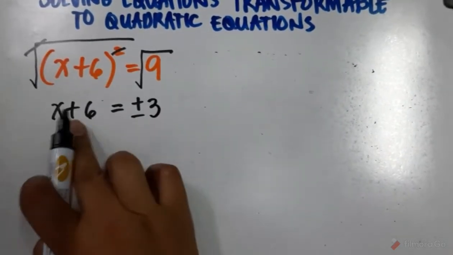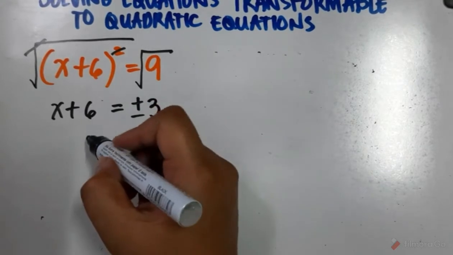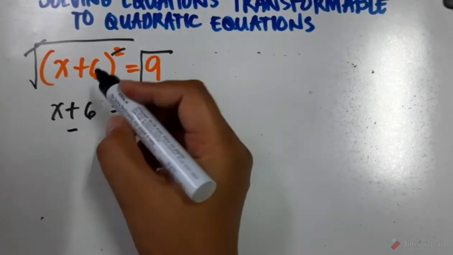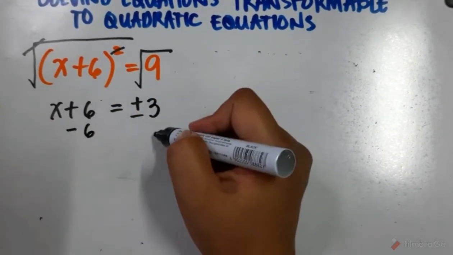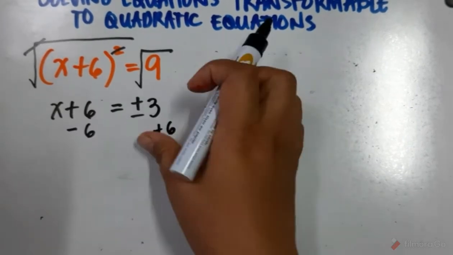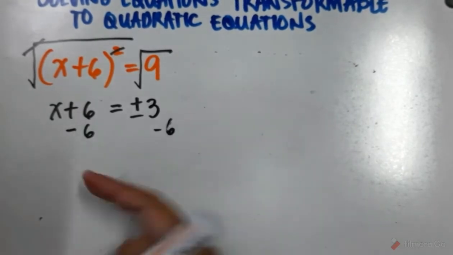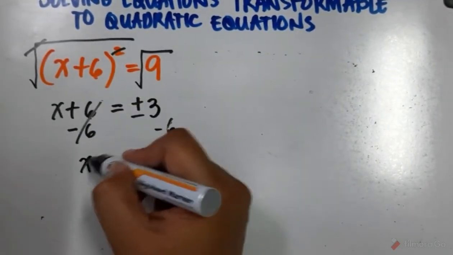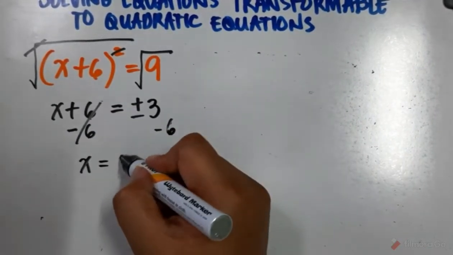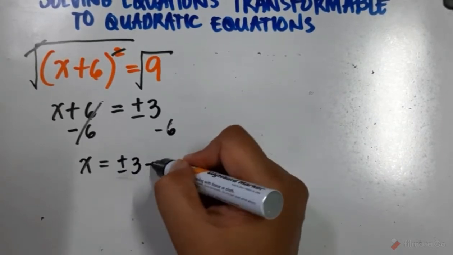And then we put this on the other side of the equation using the addition property, or getting the inverse of 6. So we have plus and minus 3 on both sides of the equation, minus 6. So we now have x is equal to positive and negative 3 minus 6.